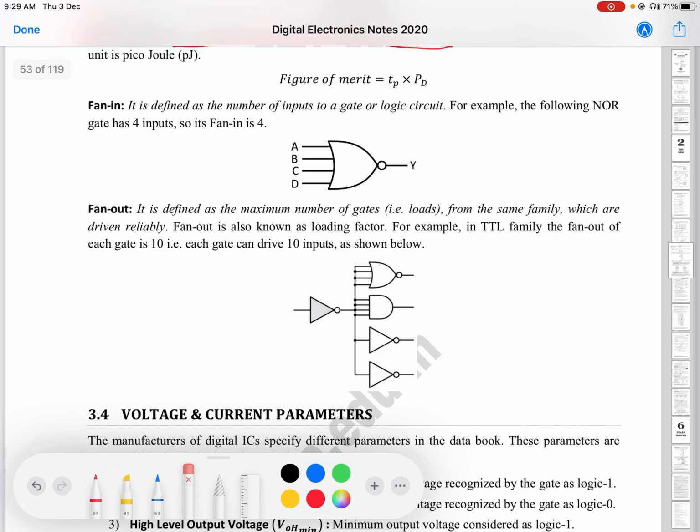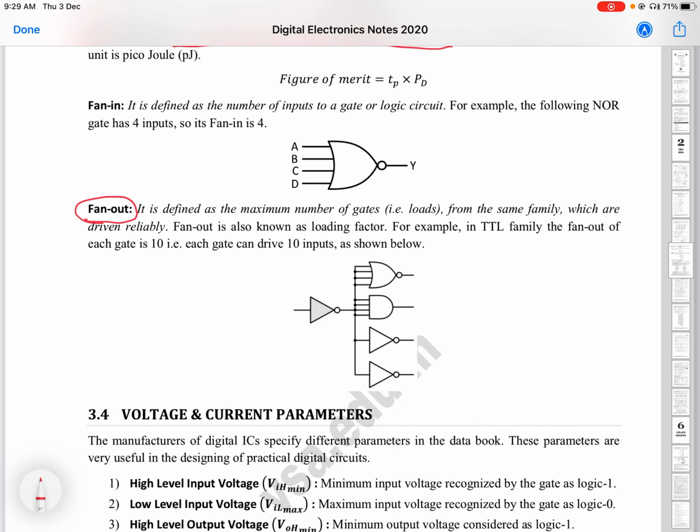Now the last point is fan out. Fan out is defined as the maximum number of gates from the same family which are driven reliably. Note down this word, driven. See this diagram. In this diagram, the output of this NOT gate is driving a number of input terminals of a number of different logic circuits.